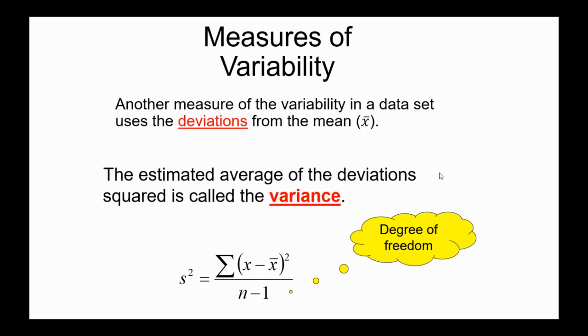But think back to our fish example. We said the deviations must all add to 0.